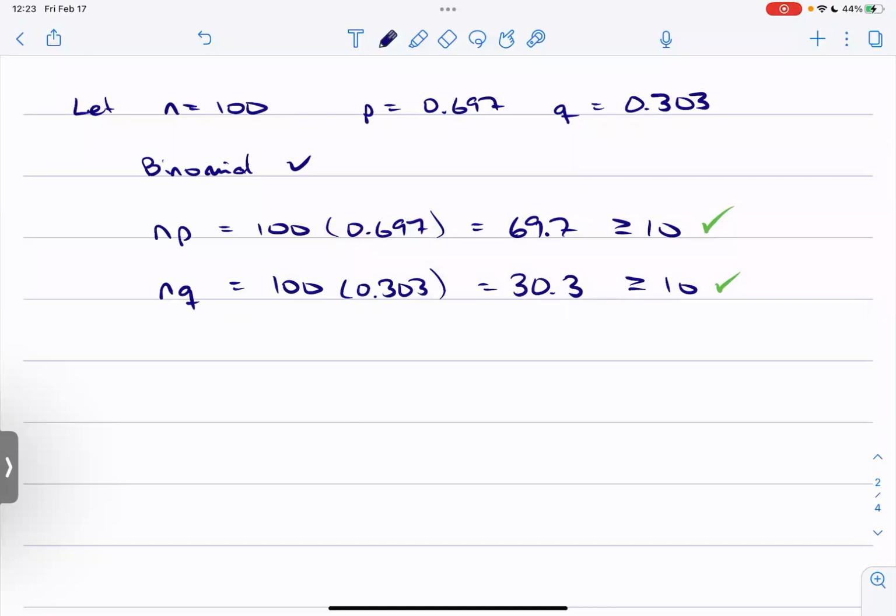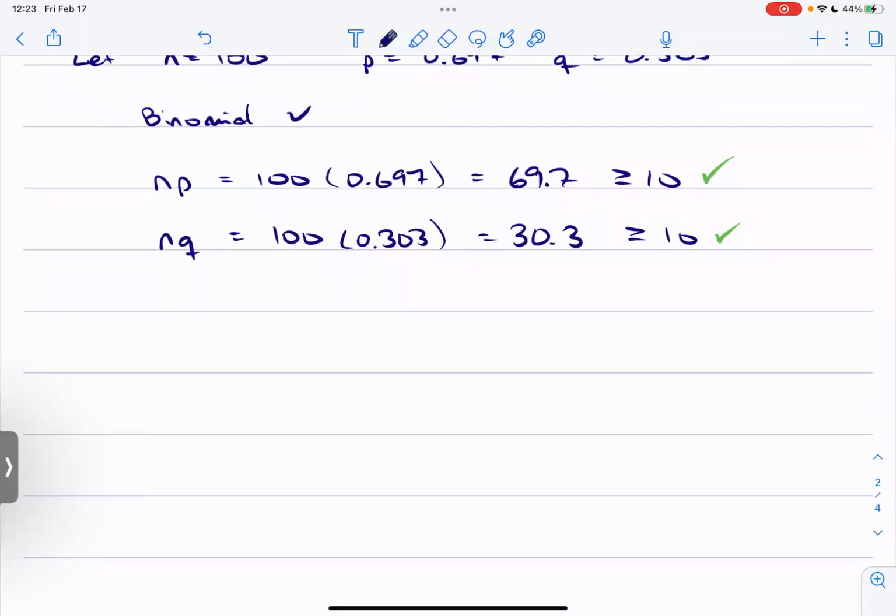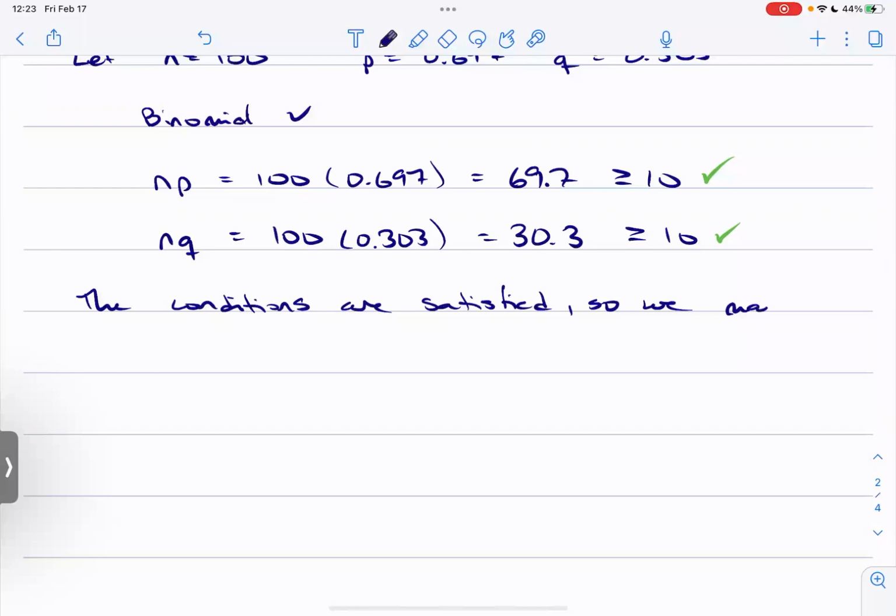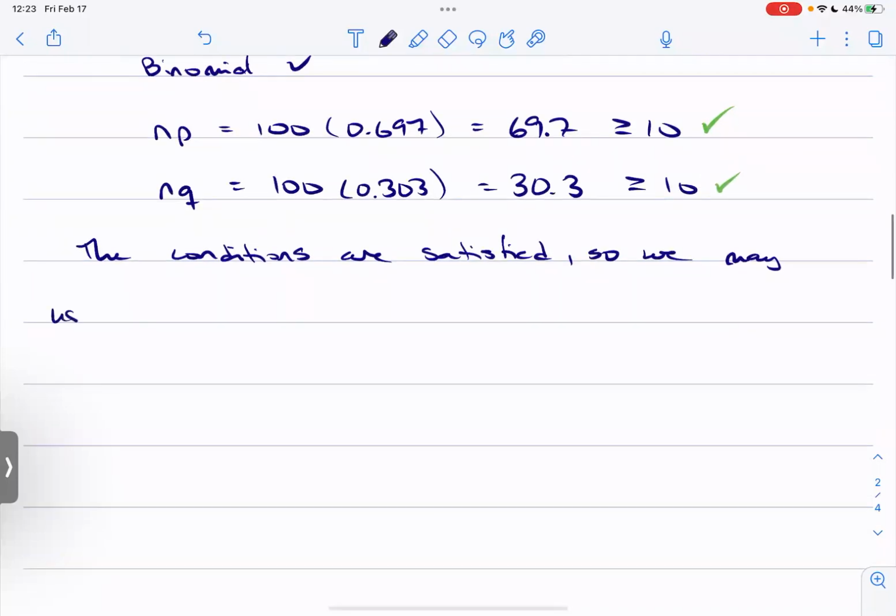Okay, so great. Now we can use the normal approximation to the binomial. I'll just say the conditions are satisfied, so we may use the normal approximation to the binomial.